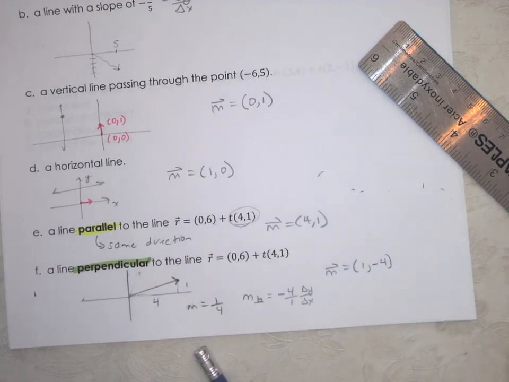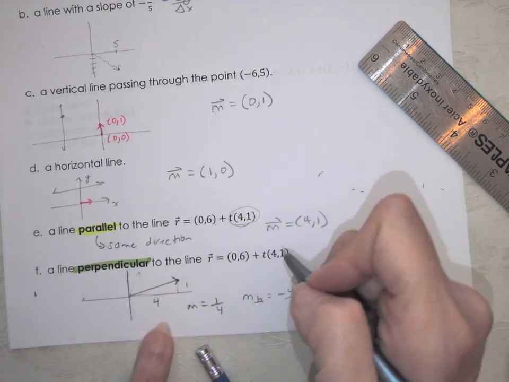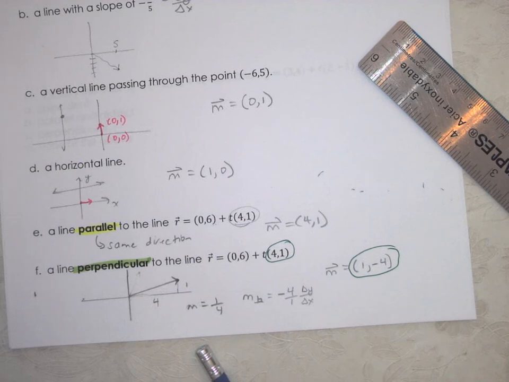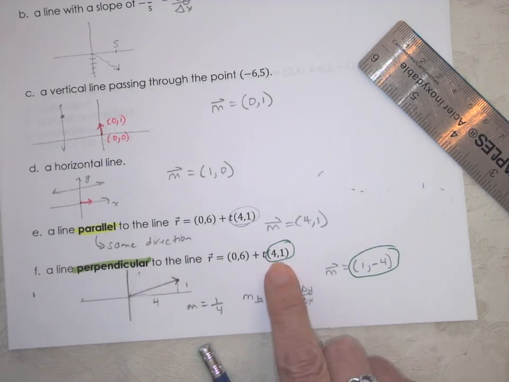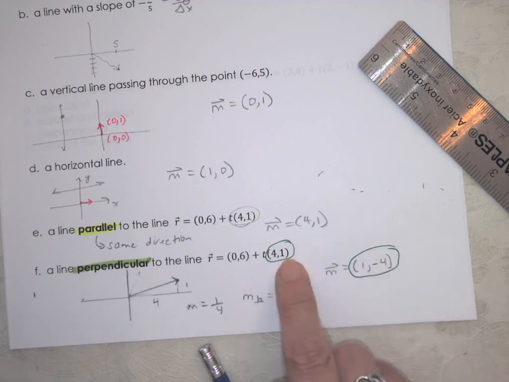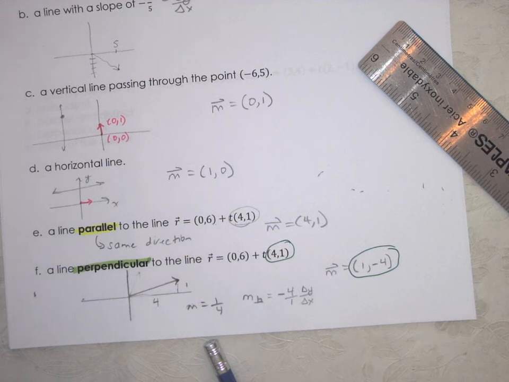And you can see how these are related to each other. So if we want to be perpendicular to the direction 4, 1, you're going to flip the components to 1, 4 and make one of them the opposite sign. So if they're both positive, one of them has to be negative here. If one of them's negative, then they'd both have to be positive. It's analogous to a negative reciprocal.